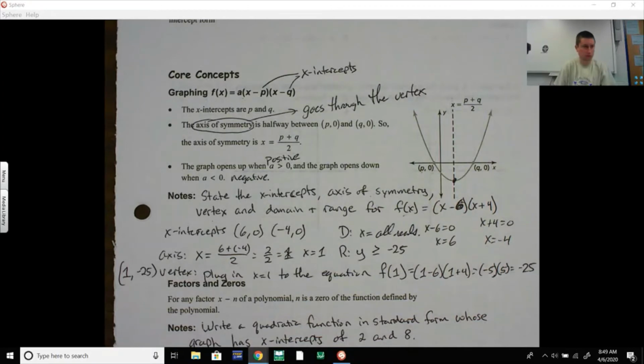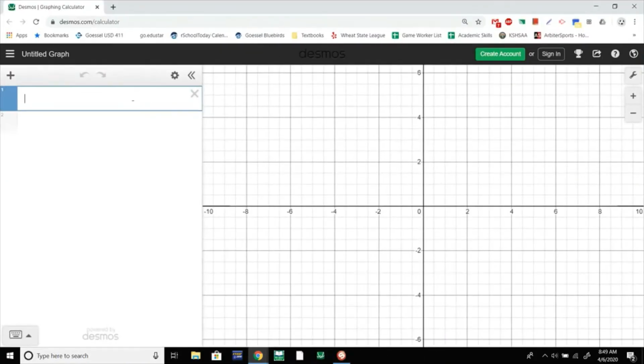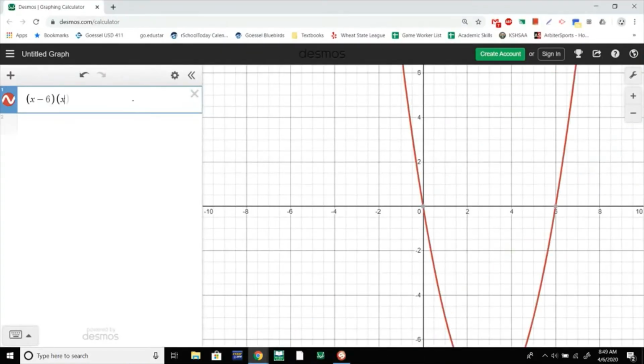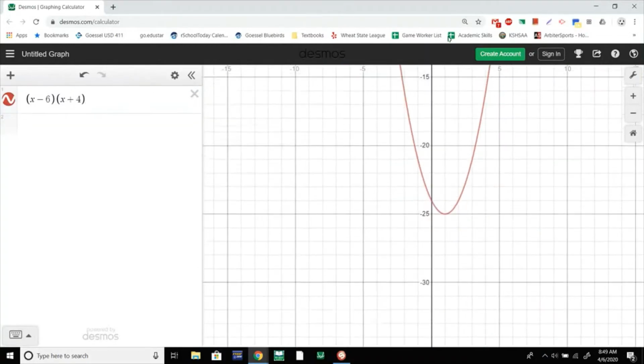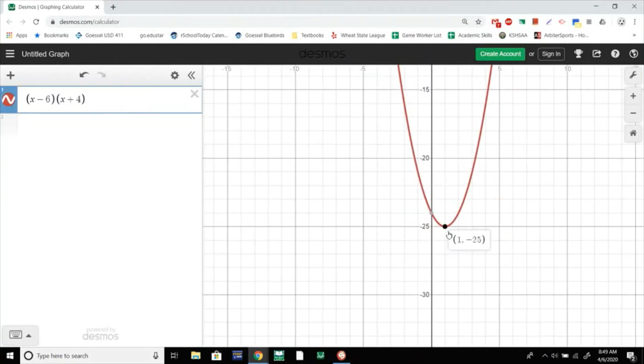Again, Desmos can be very helpful. And you just go x minus 6 times x plus 4. Notice there's your zeros, negative 4 and 6. And if you go down to your vertex, 1, negative 25.